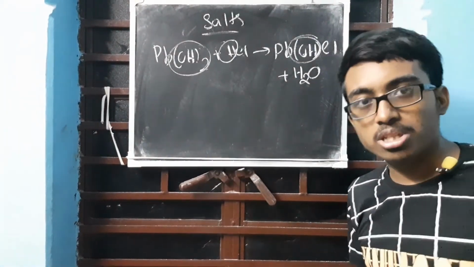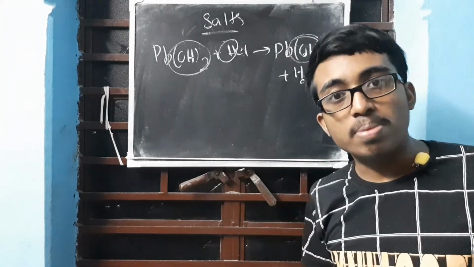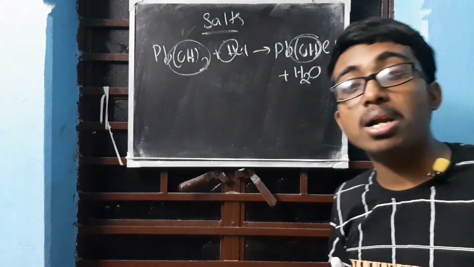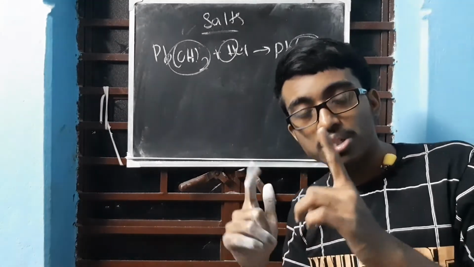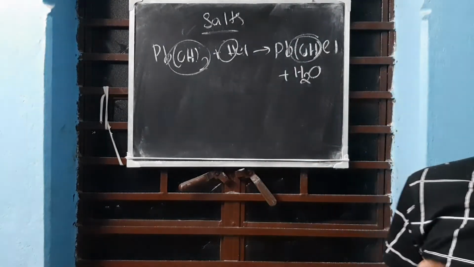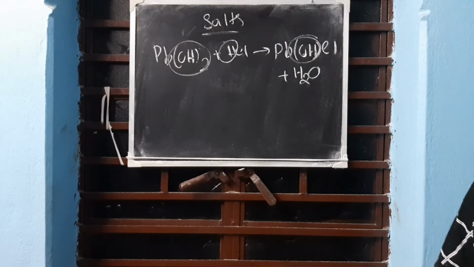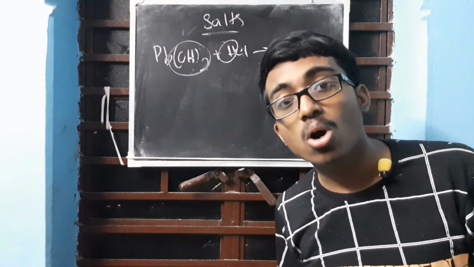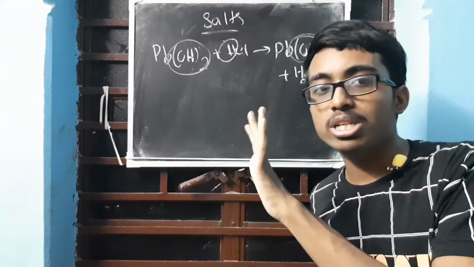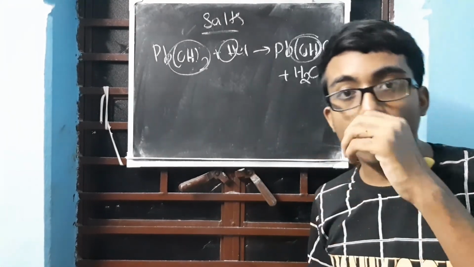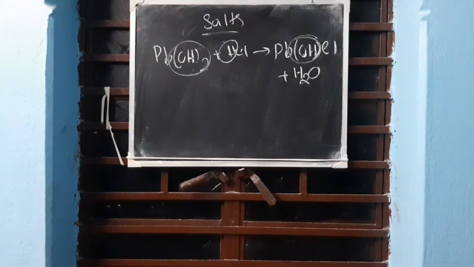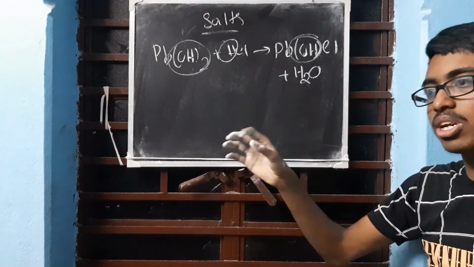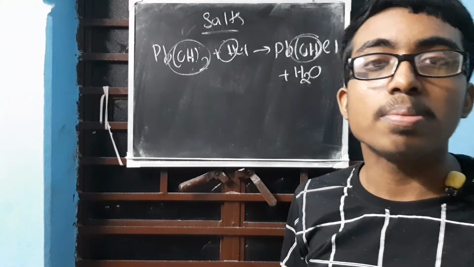What is the definition of the basic salt then? Basic salts are the type of salts formed by the partial replacement of the OH radical of a polyacidic base by an acid. It is basically the partial replacement of this hydroxyl group, that is the OH minus ion, by the hydrogen atoms of a polybasic acid.